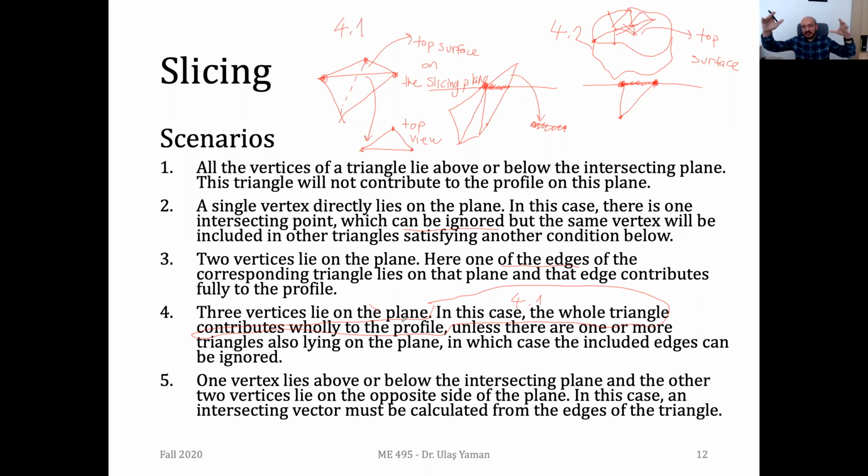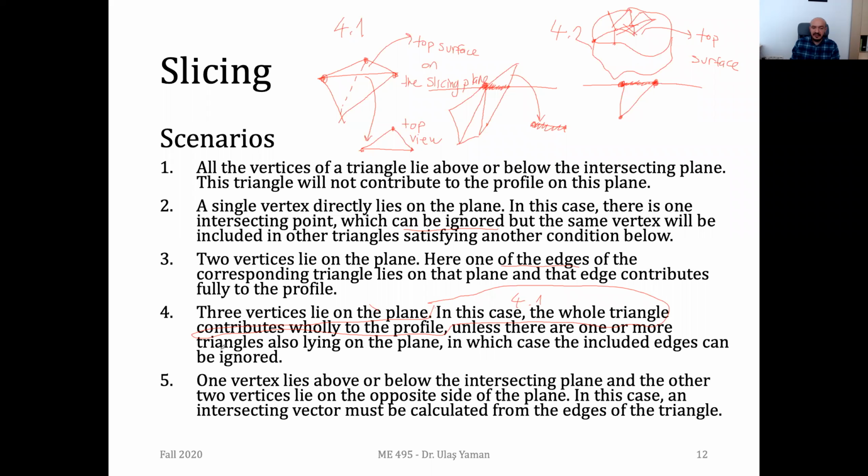But if you have a larger and a bit complicated top plane, top surface, then that means some of these triangles might be included in the outer profile and some may be disregarded if they don't have any connection with the outer profile.